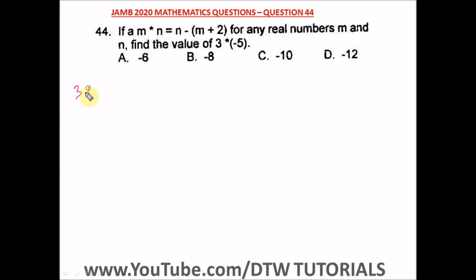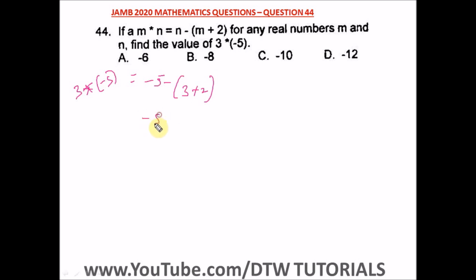So let's do this now. I have 3, this is the operation we're working with, minus 5. Starting from this, we can say let our m be 3 and n be minus 5. So this is equal to minus 5 minus, also our m, 3 plus 2.